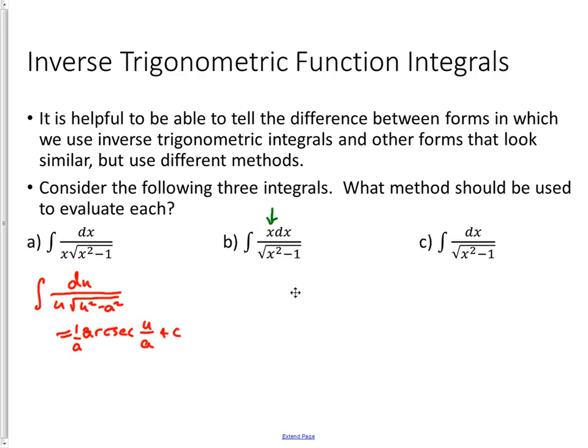As a matter of fact, this is the kind of one where we just have to use a direct substitution and let u equal our quantity under the radical here. This one would have to be x squared minus 1 because when we make our replacement, we're going to get du equaling 2x dx, and we certainly have an x dx in the numerator right here.